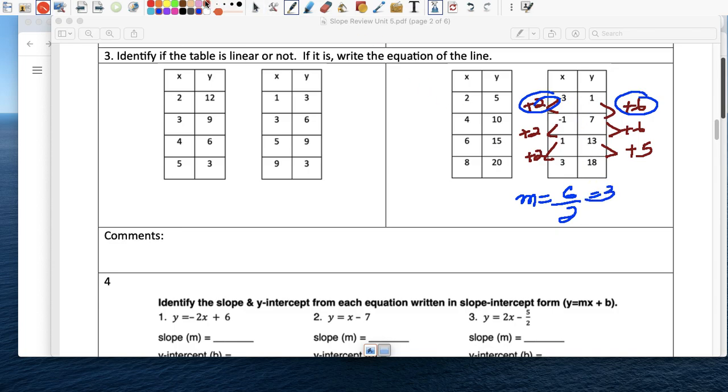The second one is also 6 divided by 2, a slope of 3. But the third one is 5 divided by 2, which is 2.5. So the slopes are not the same. If they're not the same, it's not linear, and that's it.